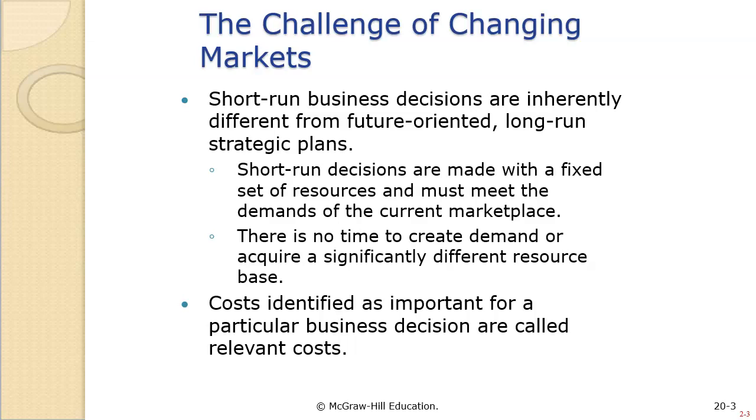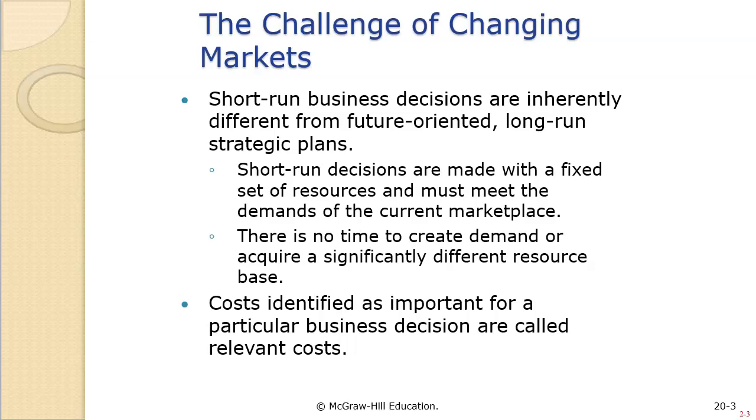For example, short-run decisions are made with a fixed set of resources and must meet the demands of the current marketplace. There's no time to create demand or acquire a significantly different resource base. Costs identified as important for a particular business decision are called relevant costs. Relevant costs are all the costs that matter for the particular decision you're trying to make.